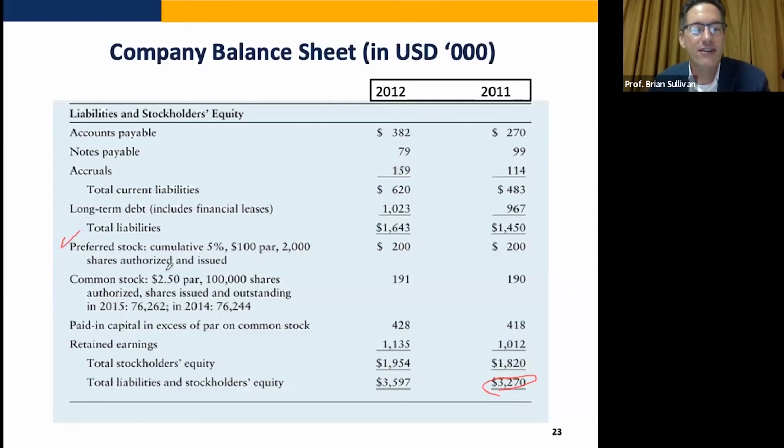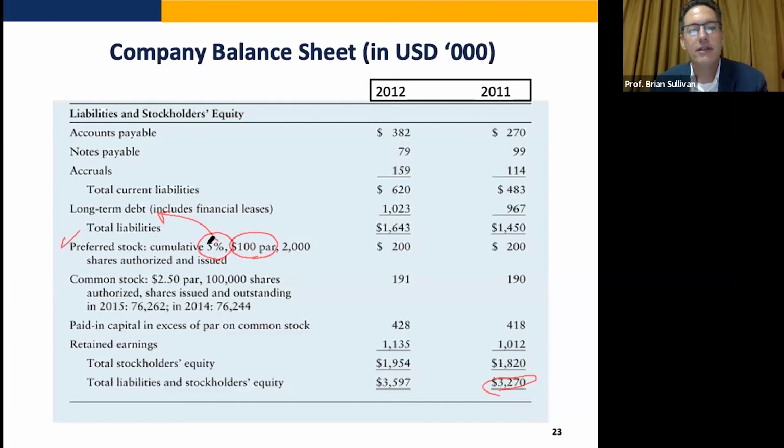So preferred stock, you guys, basically is a hybrid equity that looks like part debt and part equity. It looks like debt because notice this is 100 par preferred stock. So for every $100 of preferred stock that you buy, you get a guaranteed dividend of 5%, right? The 5% looks like debt because debt gets interest, right?